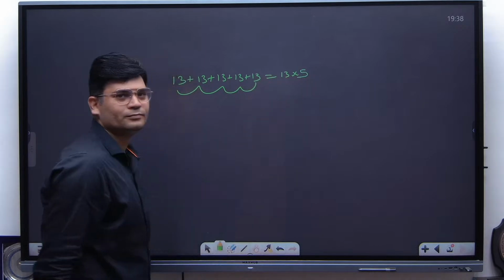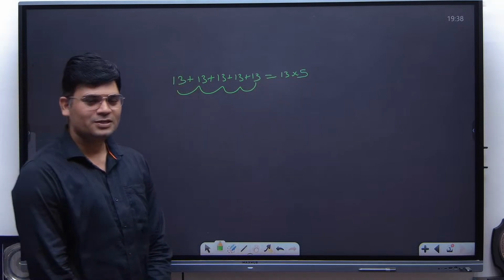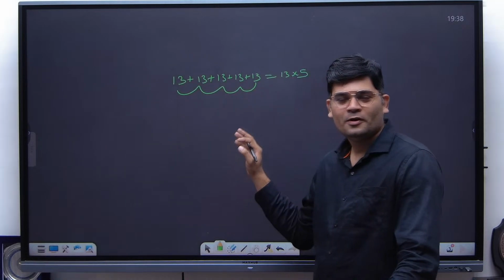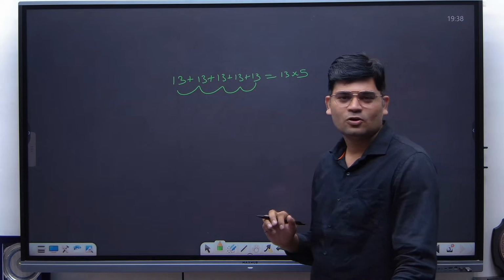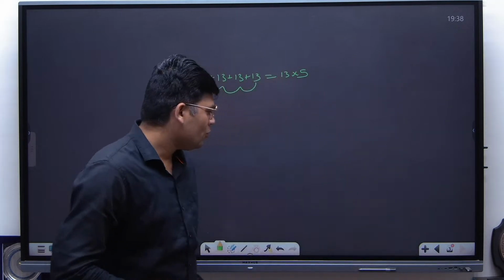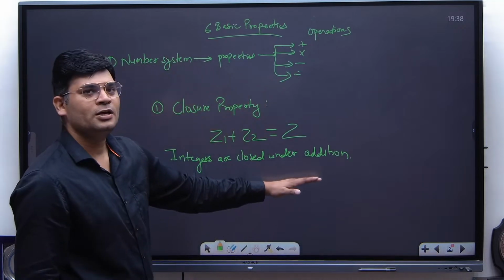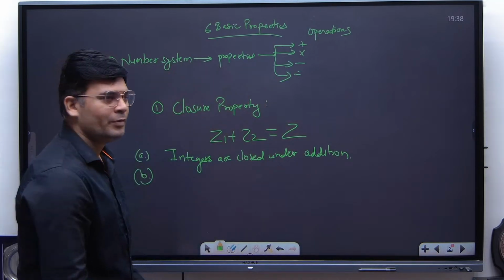The second one. So that means continuous addition is also multiplication in mathematics. So whatever properties are there for addition are also valid for multiplication.